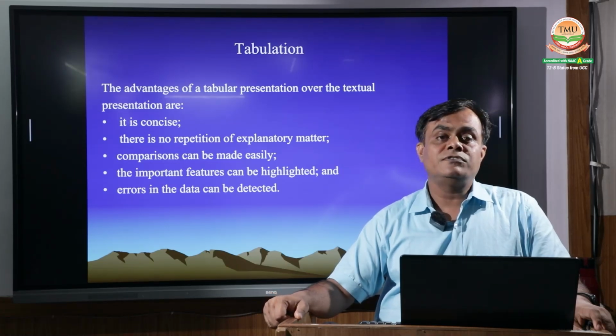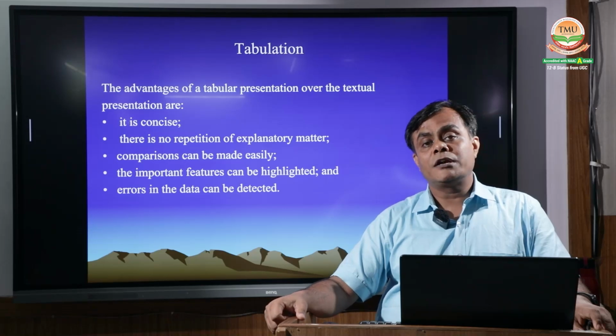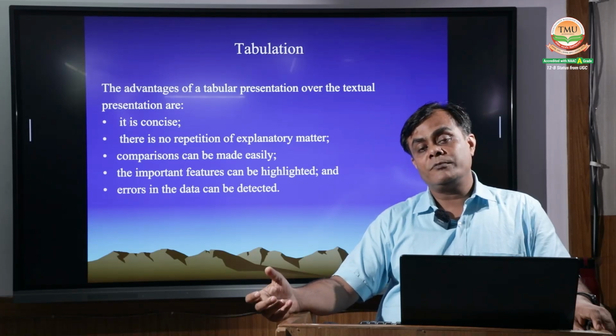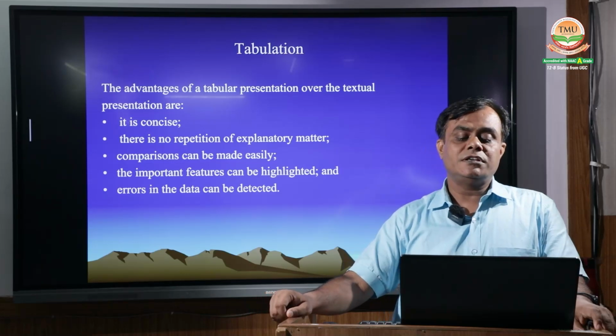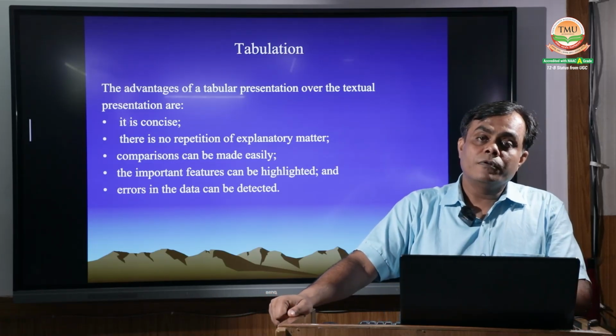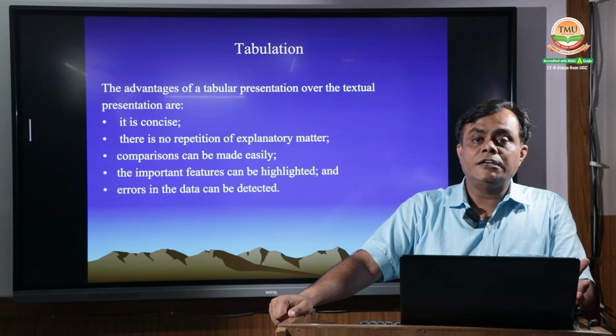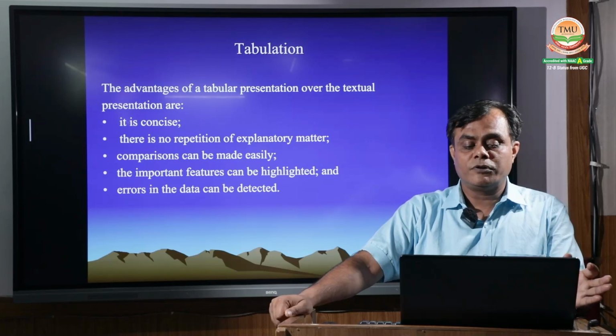But it is very easy to understand when you get that information in a tabular formation. That's why we can say that comparison is very easy when you are converting data from textual formation to tabular formation.